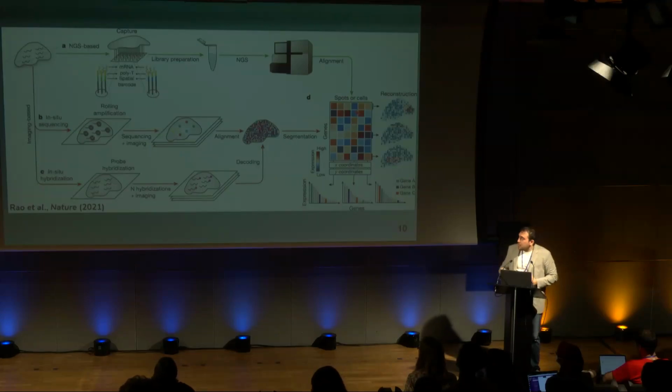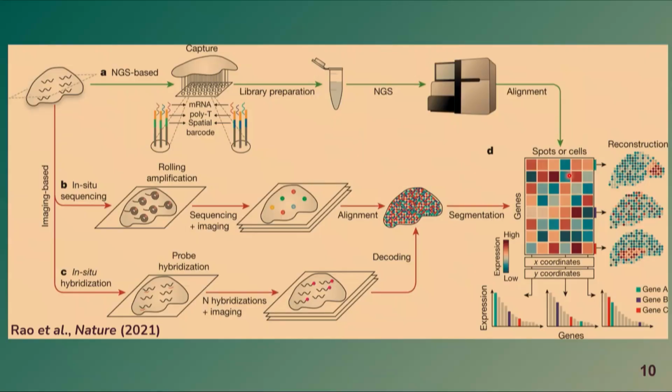So a typical experiment for capturing is as we are seeing in the images. Our sample, in this case, for example, a mouse brain, is put into a plate with little holes that we call spots.